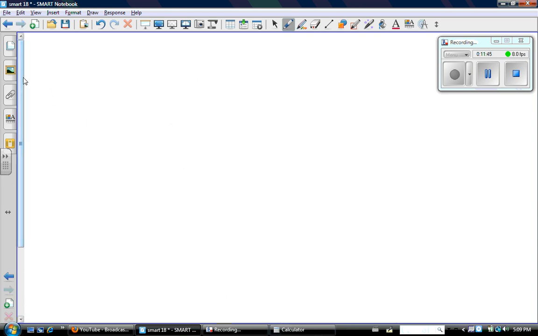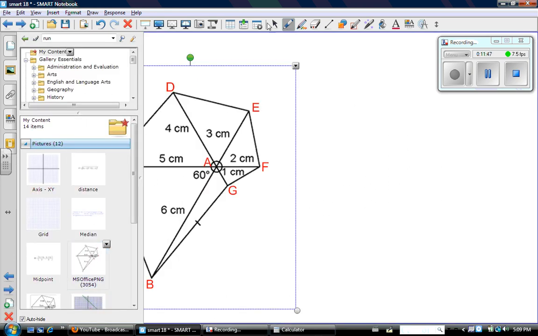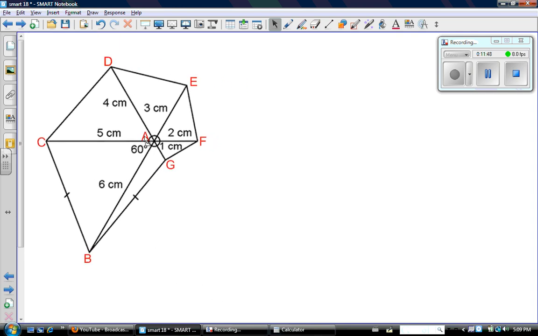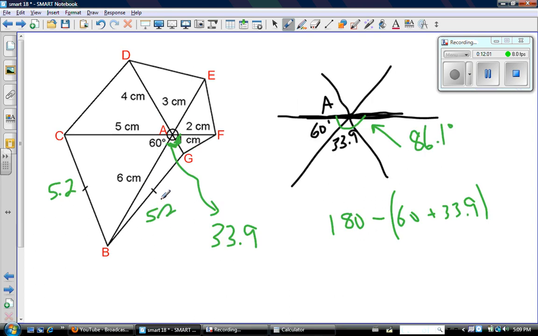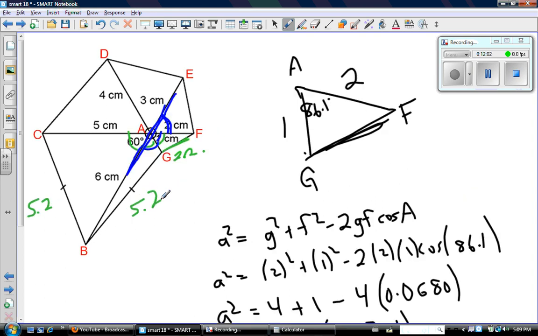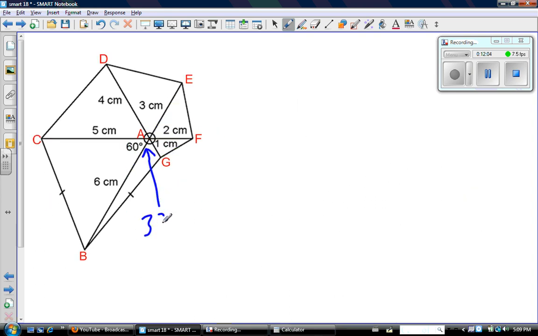So again, nice clean picture. And if we zoom in, well, we're not going to zoom in because we're running out of time. We learned that this angle here was 33.9, and we learned that this angle here was 86.1.